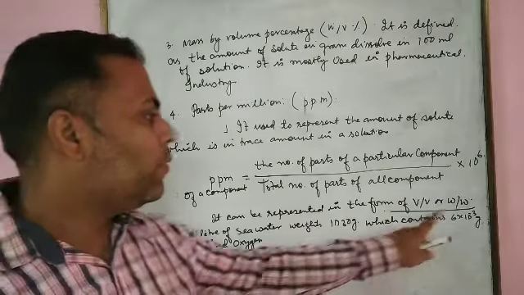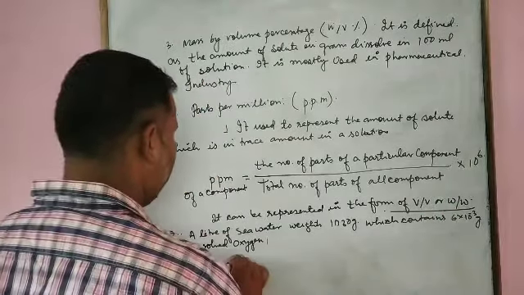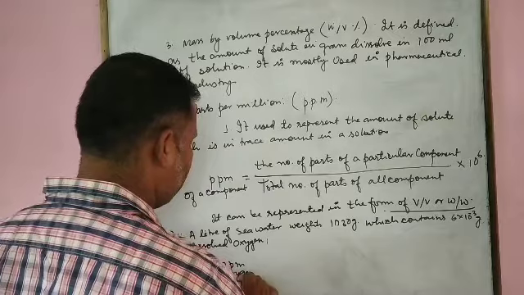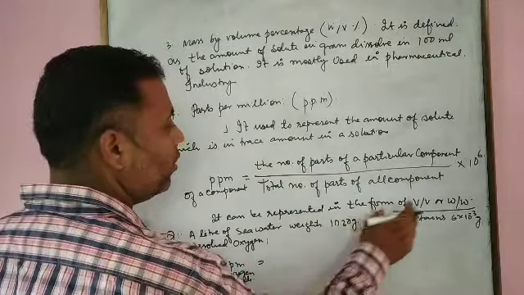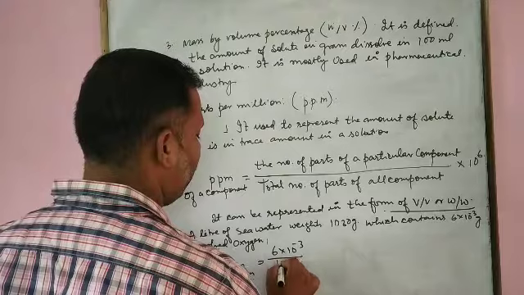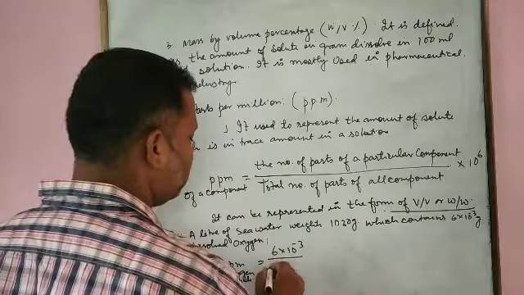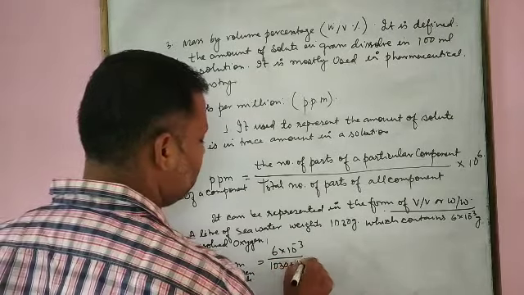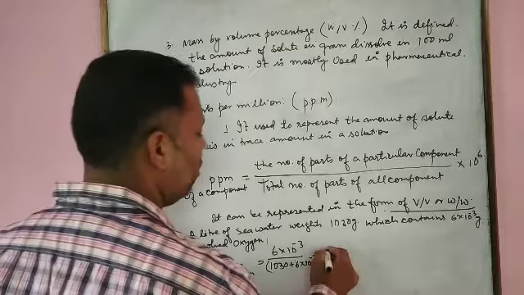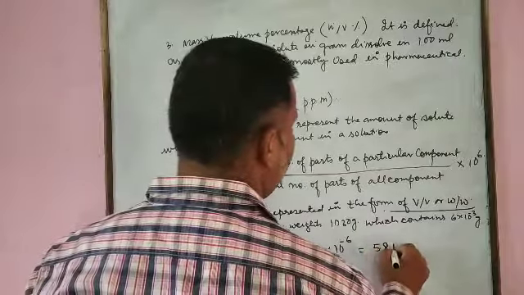Then how will we represent this in the form of parts per million? It can be represented in the form of ppm W by W. How? ppm of oxygen in water is equal to 6 into 10 to the power minus 3 by 1030 gram. 1030 gram means 1030 plus 6 into 10 to the power minus 3, the total amount of components in the solution, into 10 to the power 6, which is equal to 5.8 ppm.